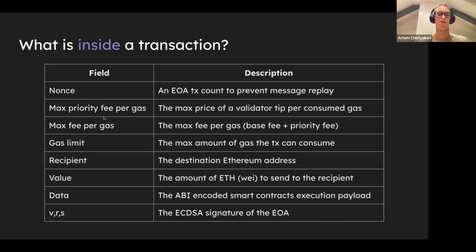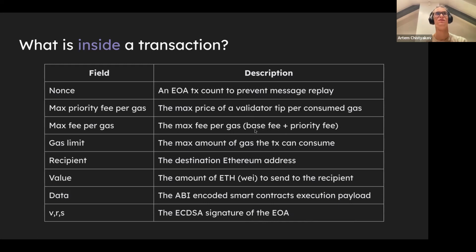And then there is a second variable that is based on 2 other variables: the max priority fee per gas, and the base fee. The base fee is the fee that Ethereum sets automatically for each block.